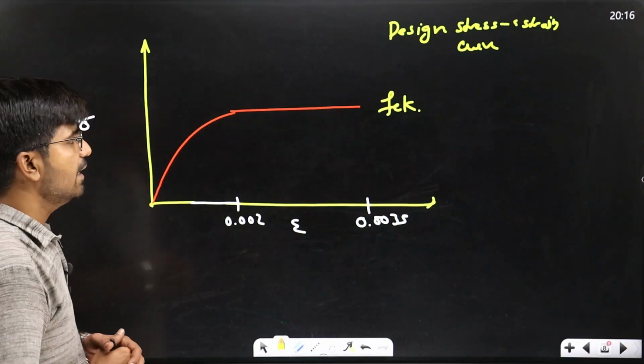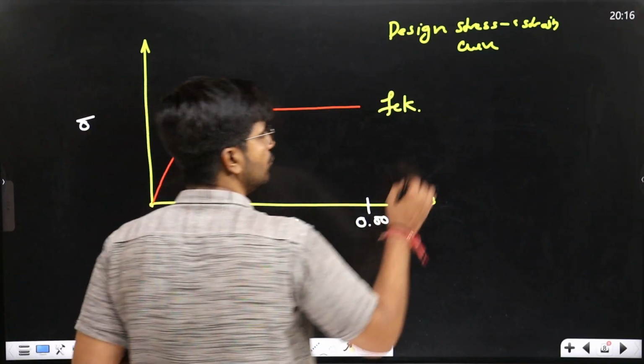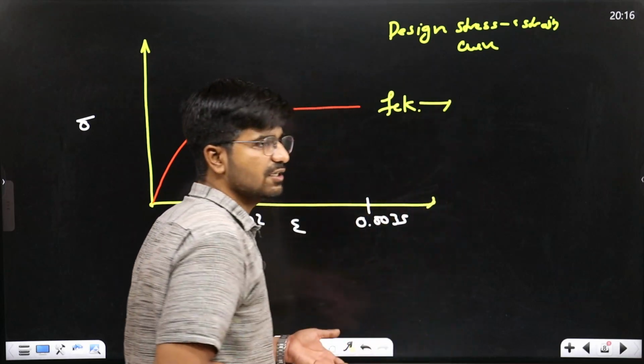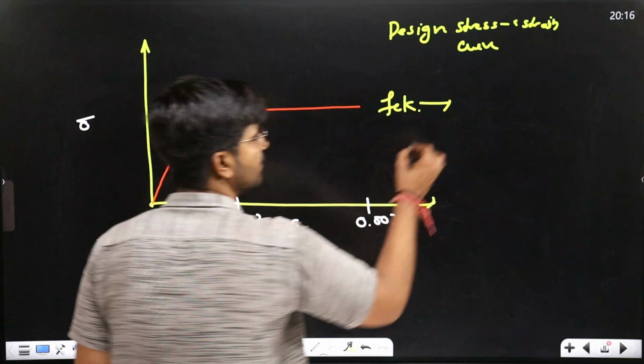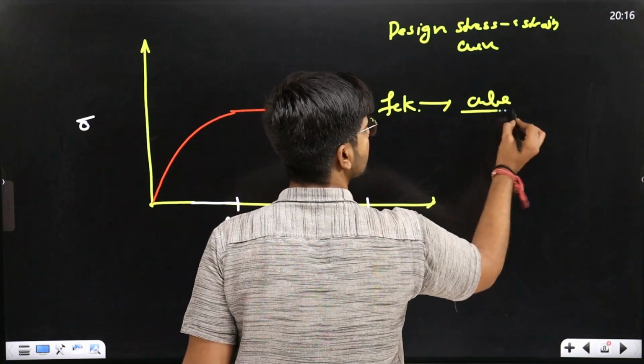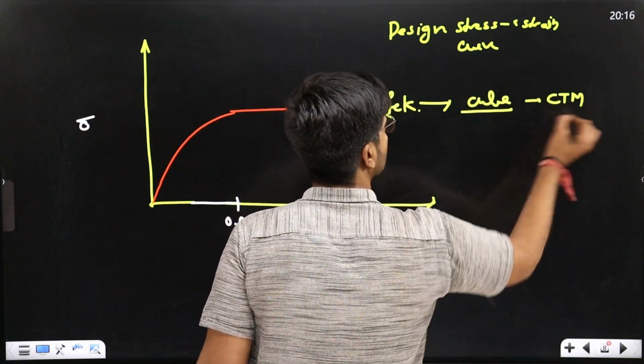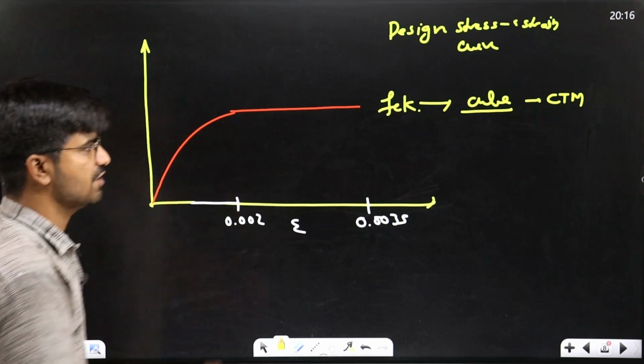Generally, when you test the compressive strength by cube testing in a machine, you will get this characteristic compressive strength.